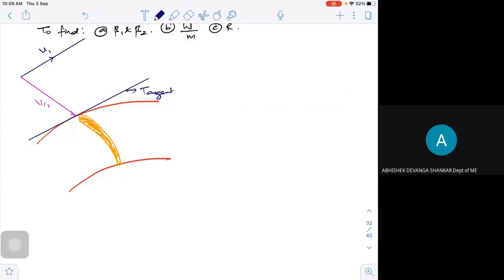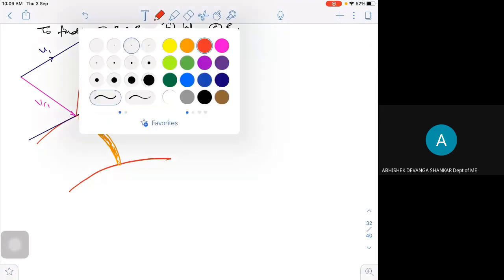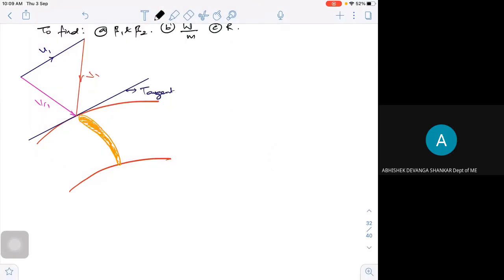Now the flow will enter. I'm trying to get a triangle. If you draw to scale, you will get it. I'm not drawing to scale, just showing you what it is. So this will be my V1. Now, where are the other components of my velocity? You have the flow component and the whirl component.